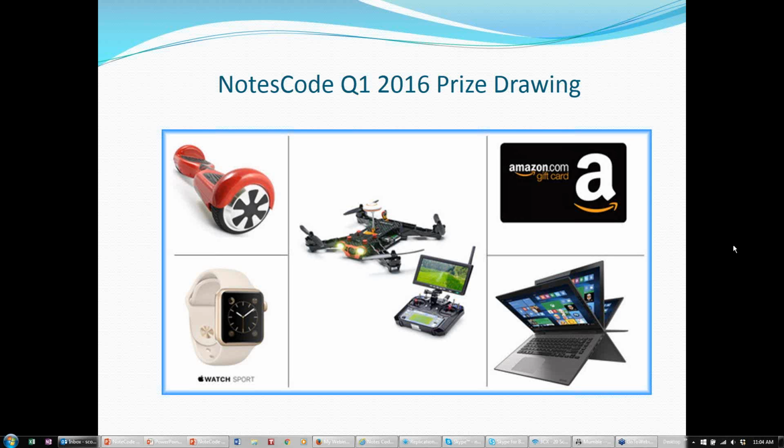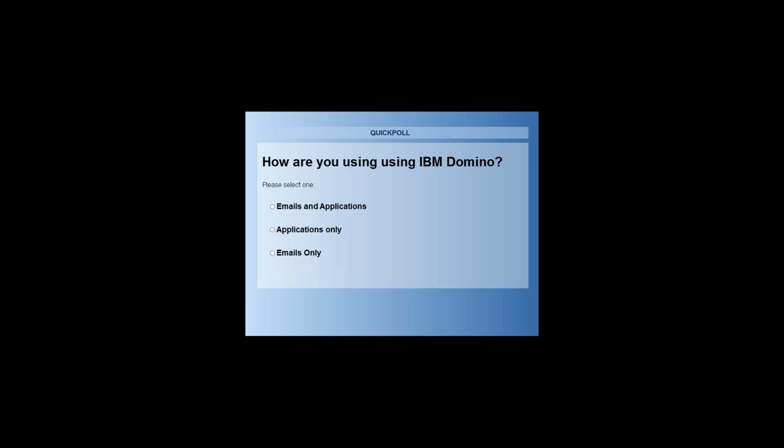The first poll is, how are you using IBM Domino today? Go ahead and select one of those, and let's see where our audience is at this moment. About 90% of us have already voted, so everybody's wide awake and ready to go.